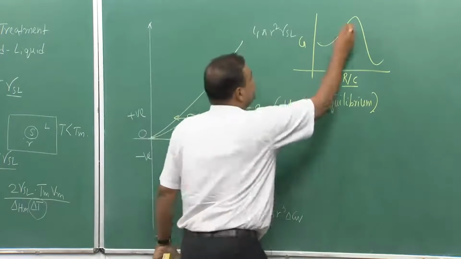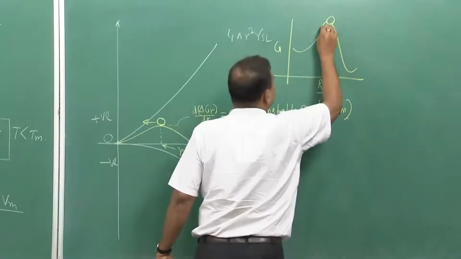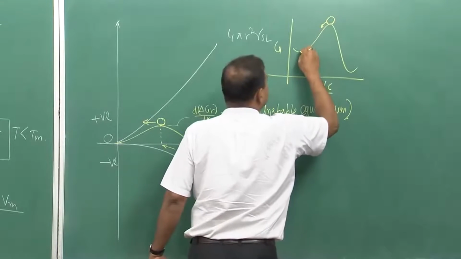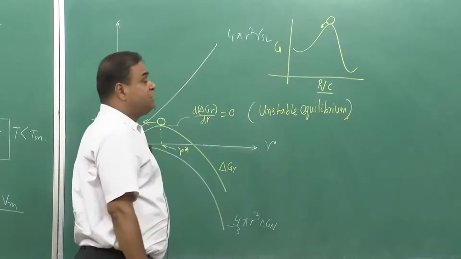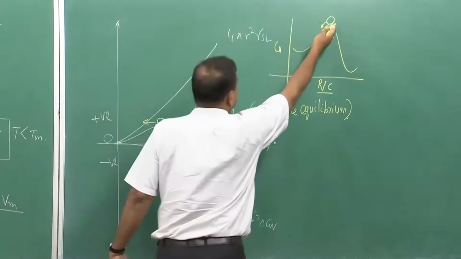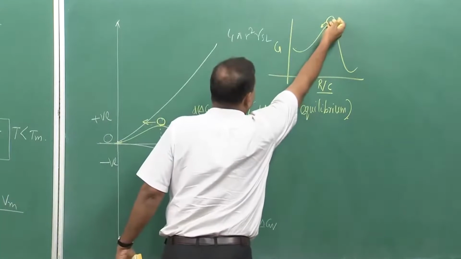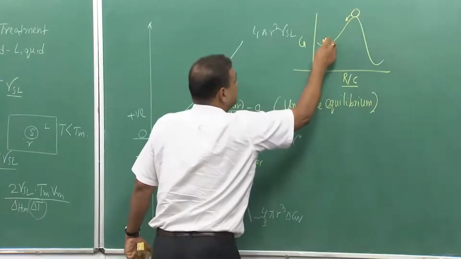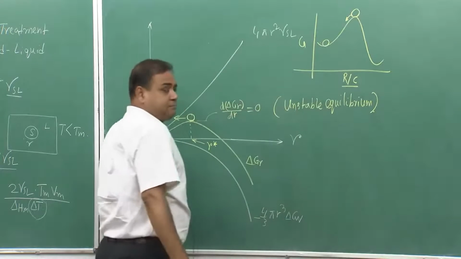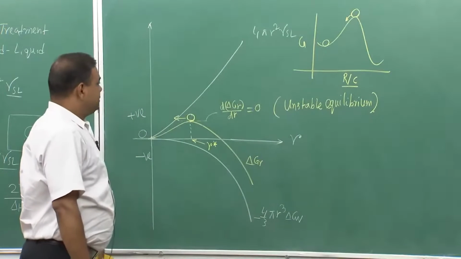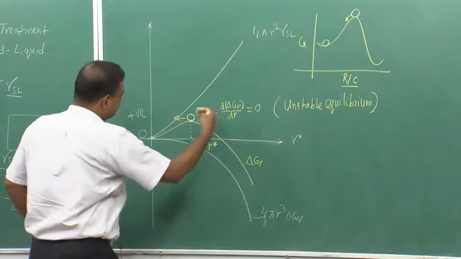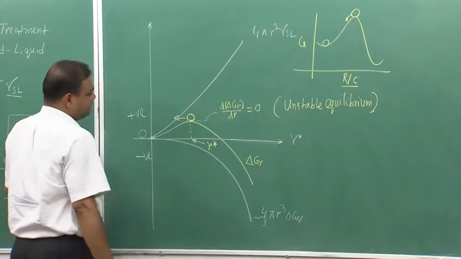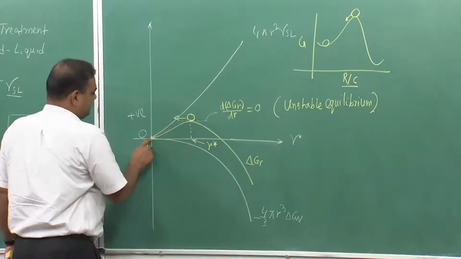If the ball rolls down from here to this place, it will spontaneously go without stopping, because it will go as per this energy lowering process, and finally it will stay here. So, if I give a little push from this side, it can roll over and come there.